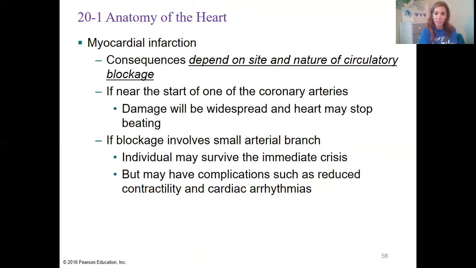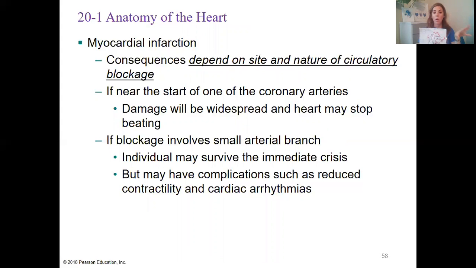Consequences of an MI depend on the site and the amount of blockage. So if you think about it, if it's near the very beginning of one of the coronary arteries, so if you look at your picture and let's say that there's a blockage like right here, then that's going to be significant, because that means that everything from that site forward is going to be impacted.